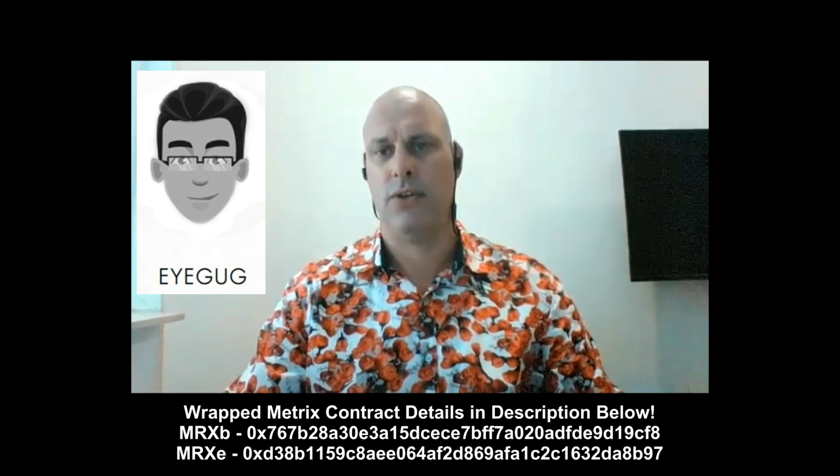Well, what about some advantages to wrapping MRX rather than leaving it on our native blockchain? You sort of touched on a few there already. Well, essentially, when you look at everything in crypto, it seems like interoperability, cross-blockchain transactions, bridging from here to there is becoming the norm.